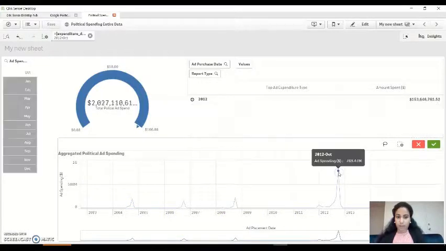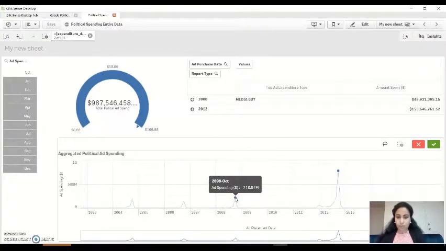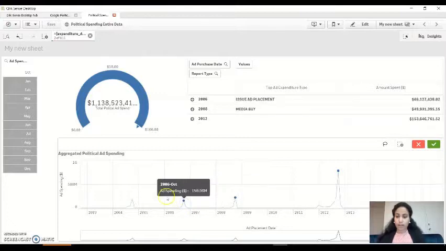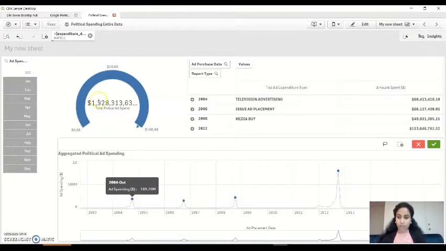Right here we see this is October, and this is also another October, and here we have another October. As we move through the data, the values change as well to represent how much was spent in each of these months. So we see that the political ad spending is highly concentrated towards October.